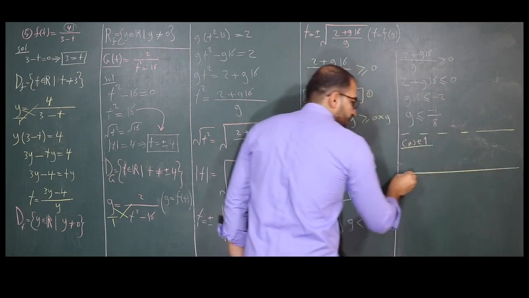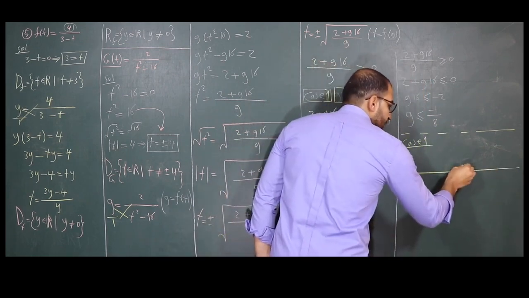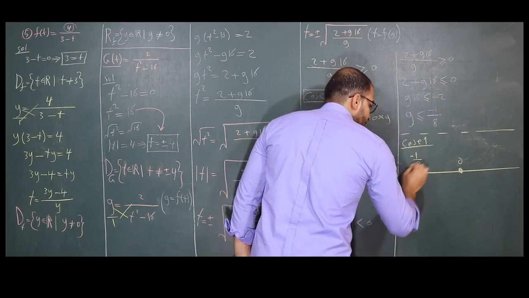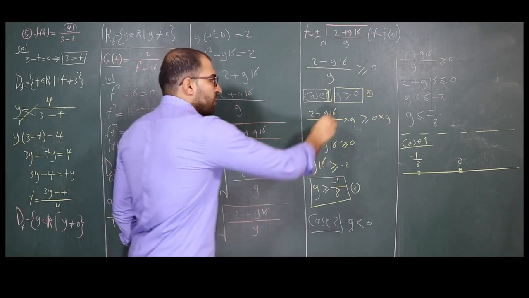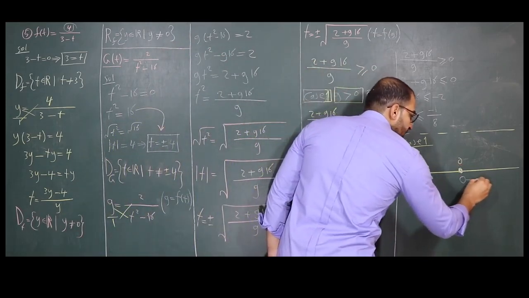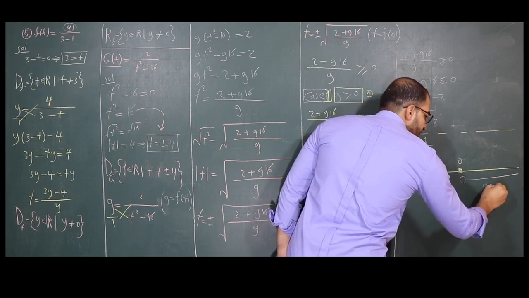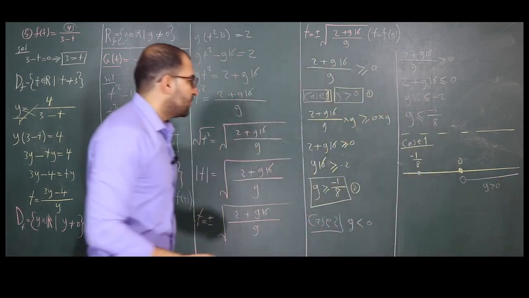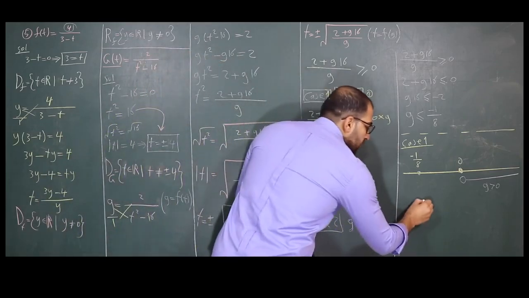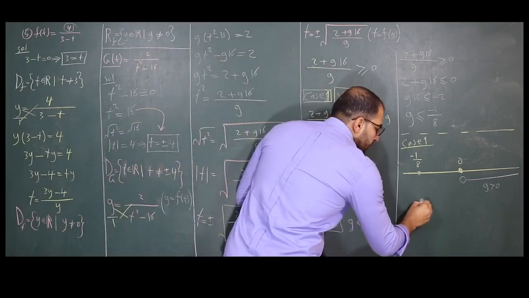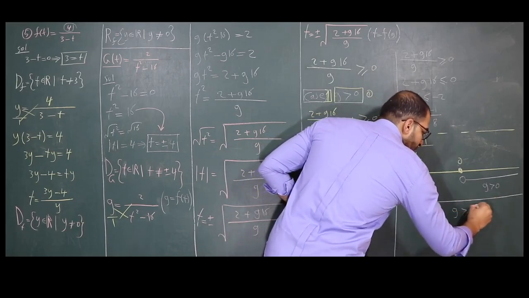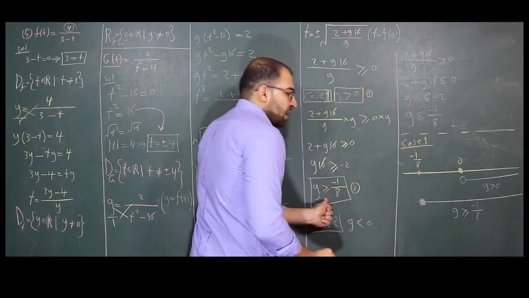So I have the real line here. This is the 0, and this is minus 1 divided by 8. Condition 1, g is greater than 0, so 0 is not included. Condition 2 is g greater than or equal to minus 1 divided by 8.